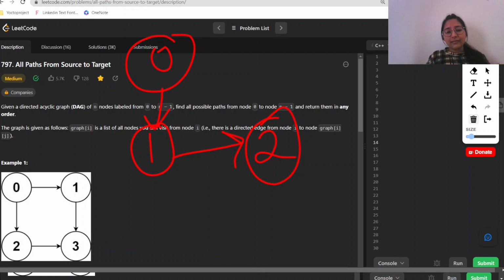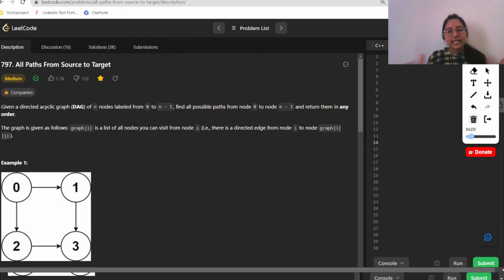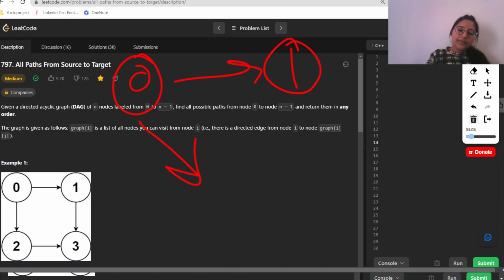Here we can clearly see that there is only one path, but there could be a possibility that if it is also connected, then there are two paths. So the answer would be 2. Now the next part: if there is a graph given to us like this, 1, then 2, then 3 is also given.